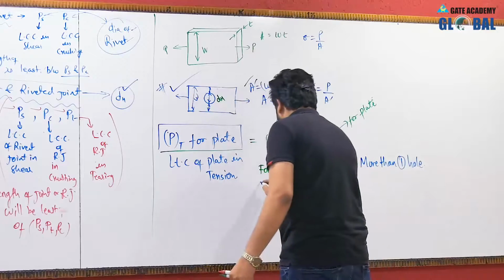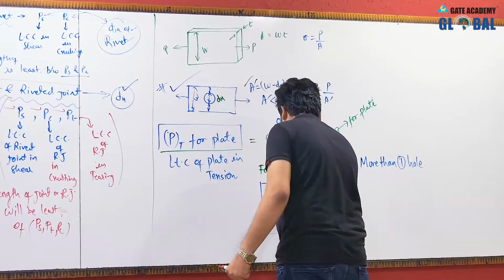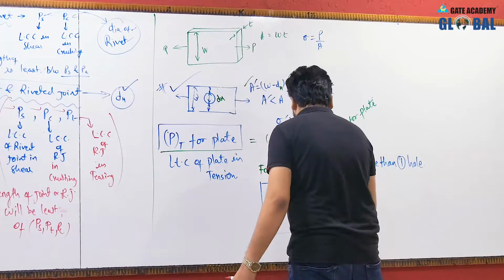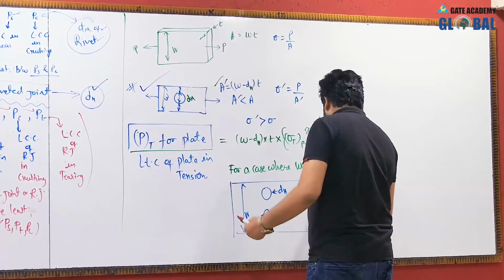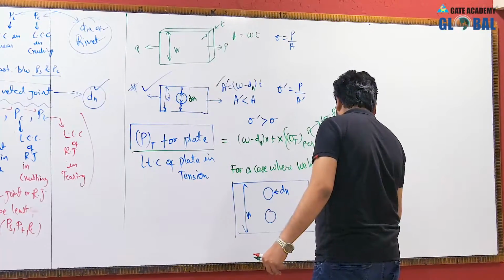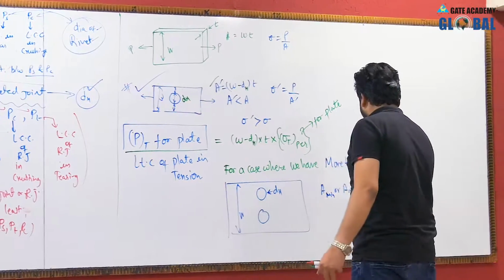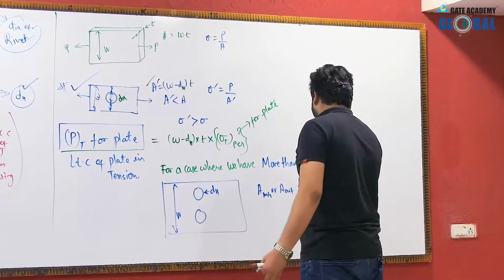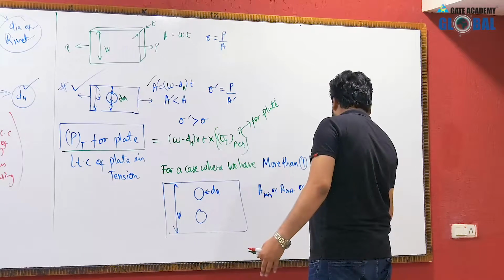in that case, like this, if this is the width of the plate carrying 2 holes or 3 holes, this is the width of the plate, this is the diameter of hole DH. So, now the critical area, or you can say the minimum cross section area, A minimum, or you can also call it A critical, or simply you can call it A, area of cross section, that is least cross section over the discontinuity, whatever you call it, this will be W minus 2 into DH.